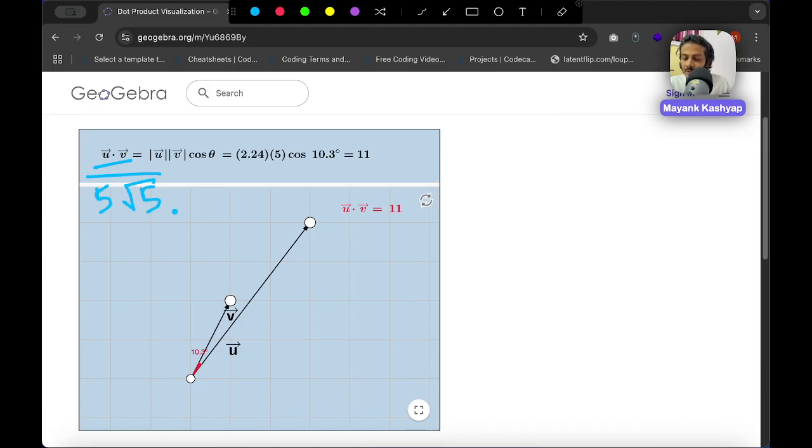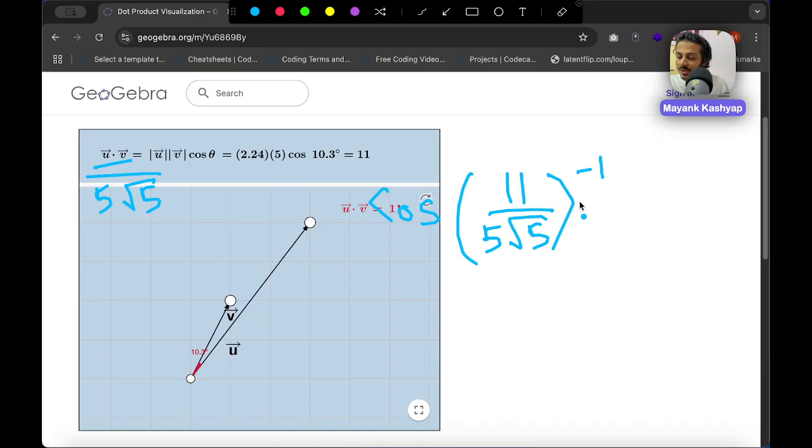So 5 root 5. So this would be 11 by 5 root 5, and it should be taken as cos inverse. That would give you, hopefully, 10.3 degrees.